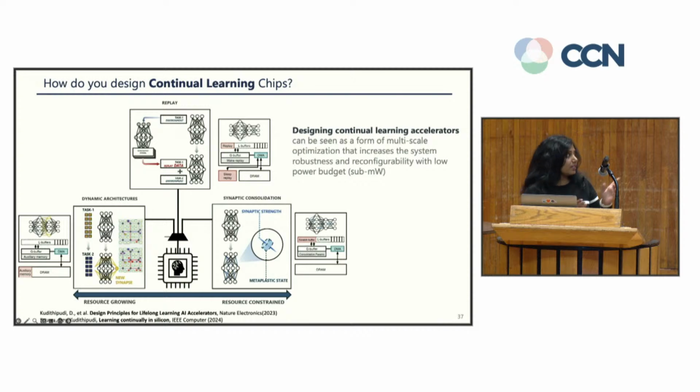In this plot, I split it into resource constraint versus resource growing. Because in silicon or in hardware, I do not know how to do neurogenesis. Though I have a lot of flexibility in reorganizing some of the components, I do not have a way to generate new components. I do not know how to do a potential synapse in silicon.